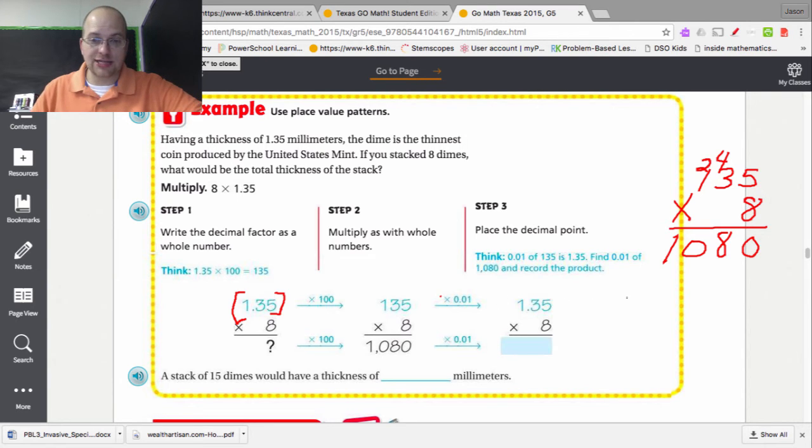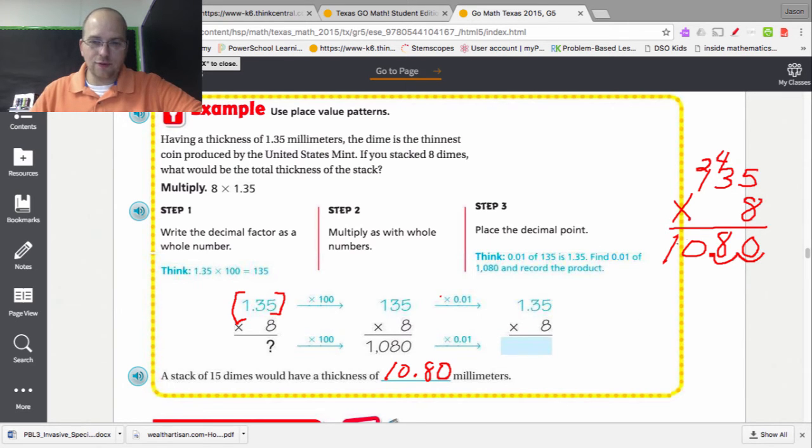Well, when we multiply by 1 hundredth, it's 1, 2 decimal places. So our answer is 10 and 8 tenths, or 80 hundredths millimeters. So you see, all we really have to do is multiply 135 and 8 and then place our decimal point.